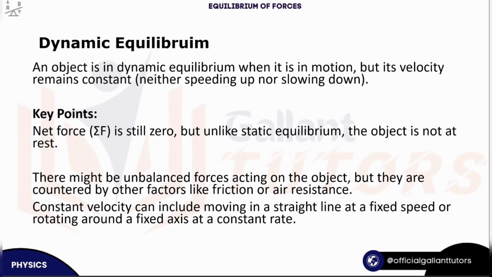Now the next one, dynamic equilibrium. Dynamic literally means something changing. Dynamic equilibrium is a state of an object which is said to be in equilibrium but is undergoing motion at constant velocity.